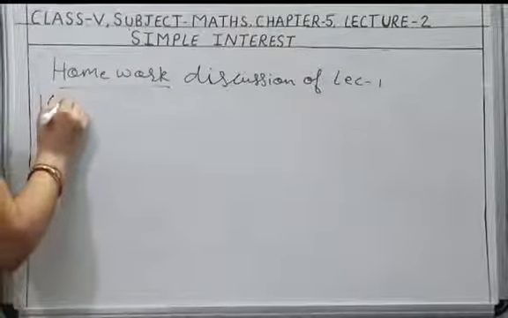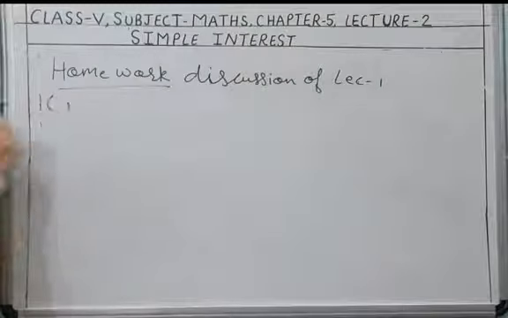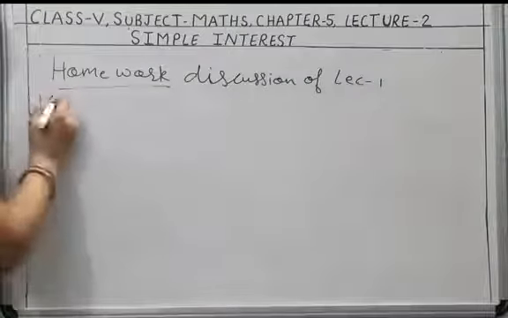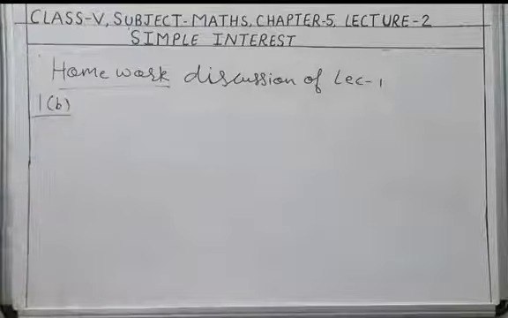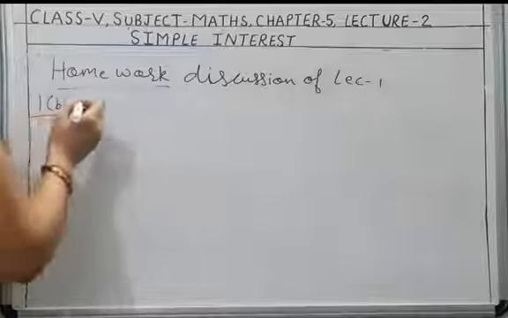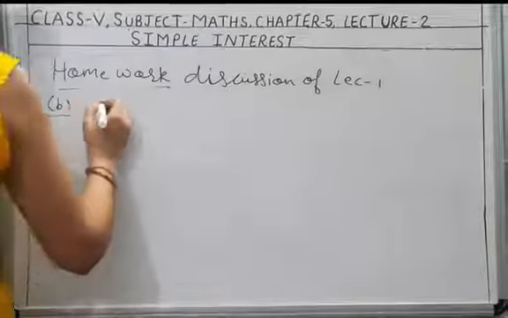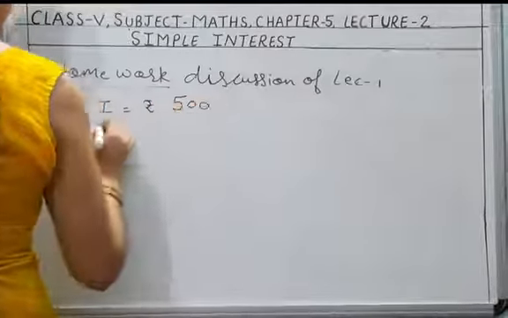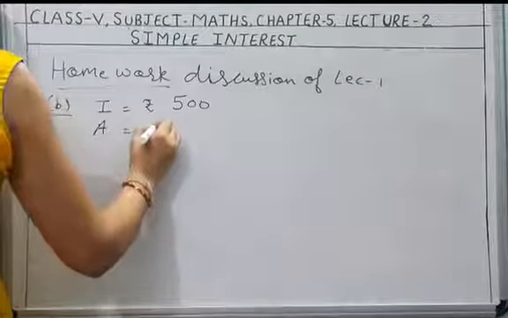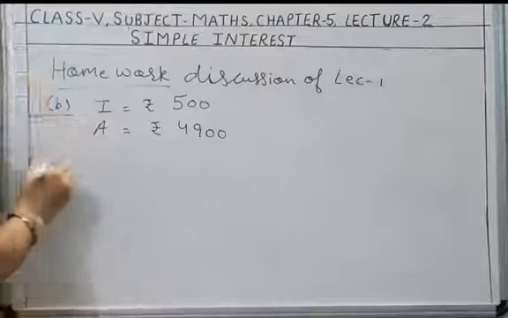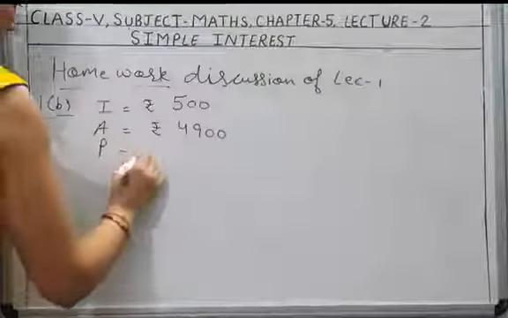In lecture 1, question 1 B part, question 2 B part, and question number 3 were given. So let's see what the question was. Question 1, B part. Interest was given, rupees 500. Amount, rupees 4,900. And principal is equal to dash.